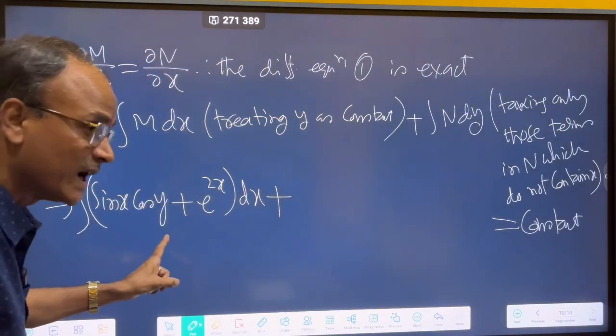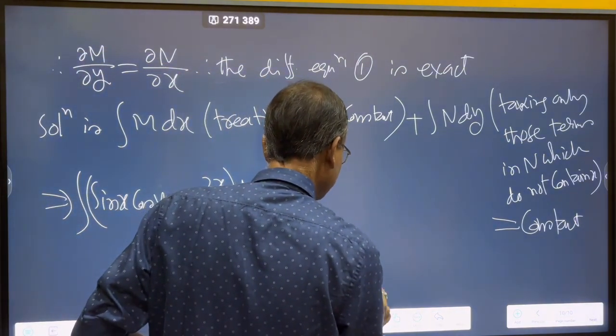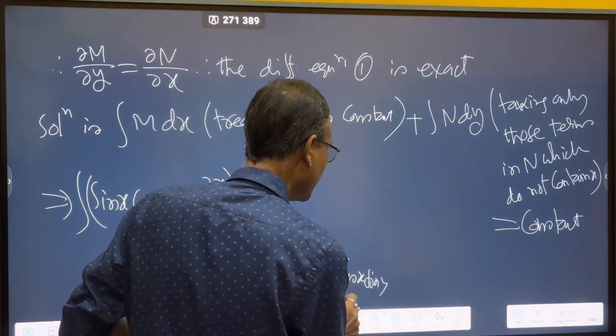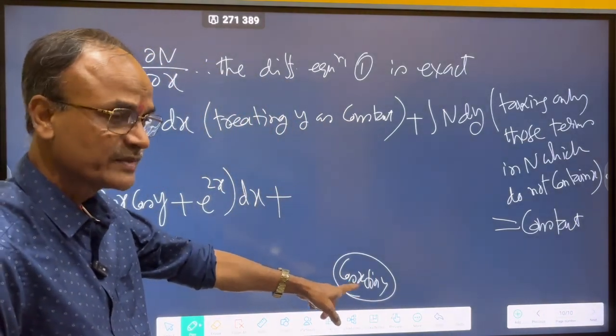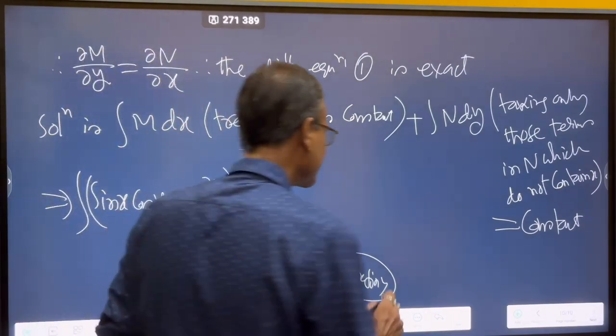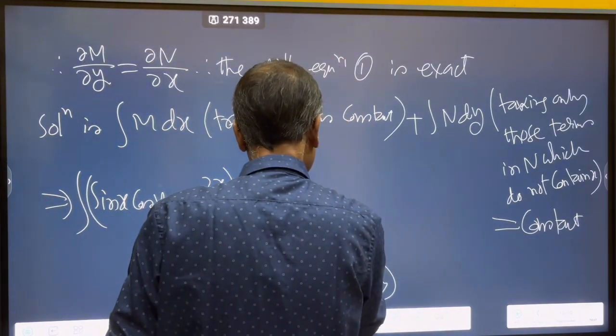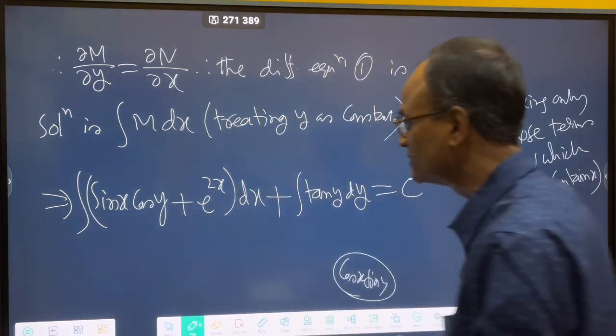Cos x sin y plus tan y. Cos x sin y contains x, therefore we should reject this term. Plus integral tan y dy, equal to constant.